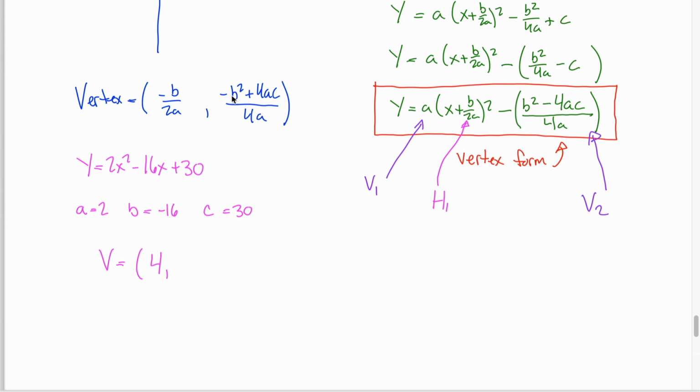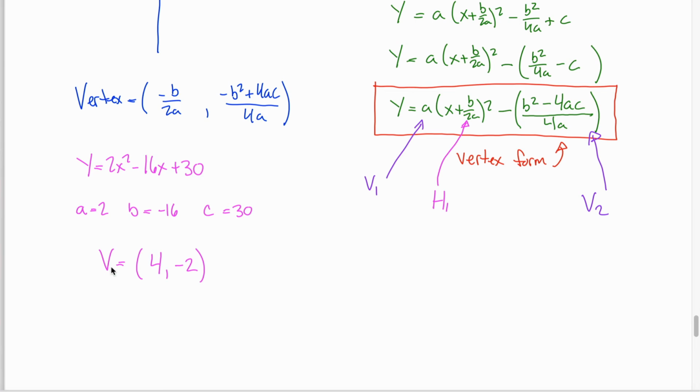And then to that negative 256, I have to add 4 times a times c. Well, let's see, a is 2, c is 30, so 2 times 30 is 60, and 60 times 4 is 240. So negative 256 plus 240 is negative 16. And then I'll take that negative 16 and divide that by 4 times 2. Negative 16 divided by 8 is negative 2.